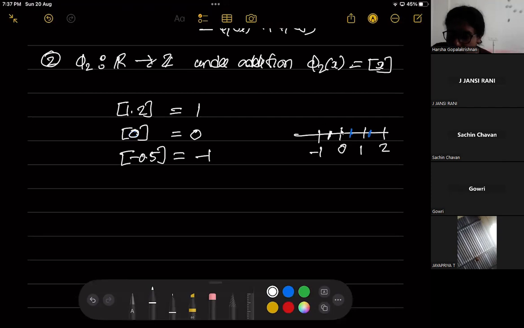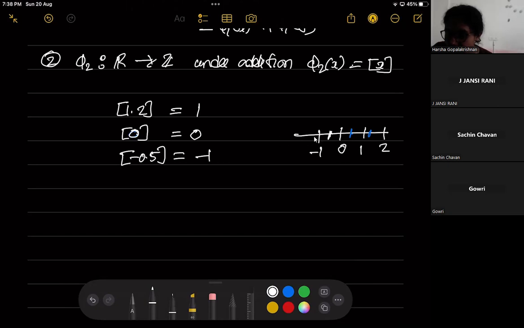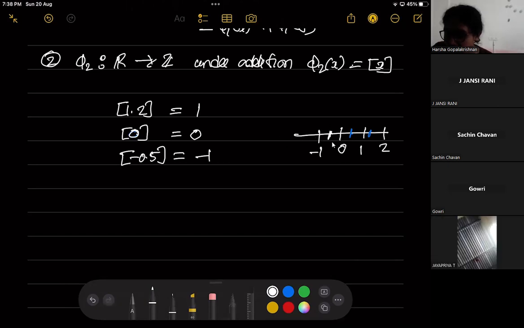We will consider all the integers below this number. 0 is greater than minus 0.5, so this side we will not consider. From here, we will consider the left side, minus 1, minus 2, etc. Minus 1 is the greatest integer among all these, which is below minus 0.5. That is why it is minus 1.